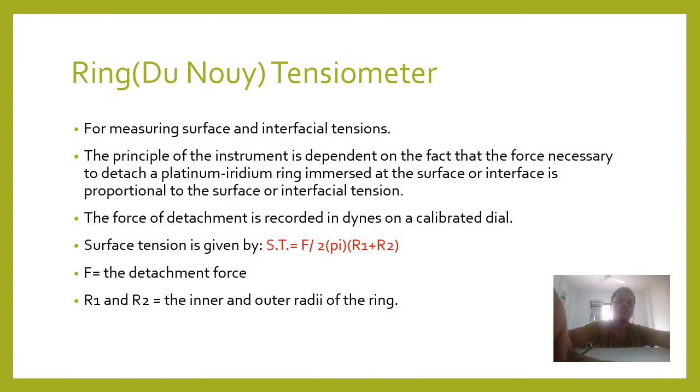Now we will see the second method, which is called the ring Du Nouy tensiometer for measuring surface and interfacial tension. This method is applicable for both surface as well as interfacial tension.